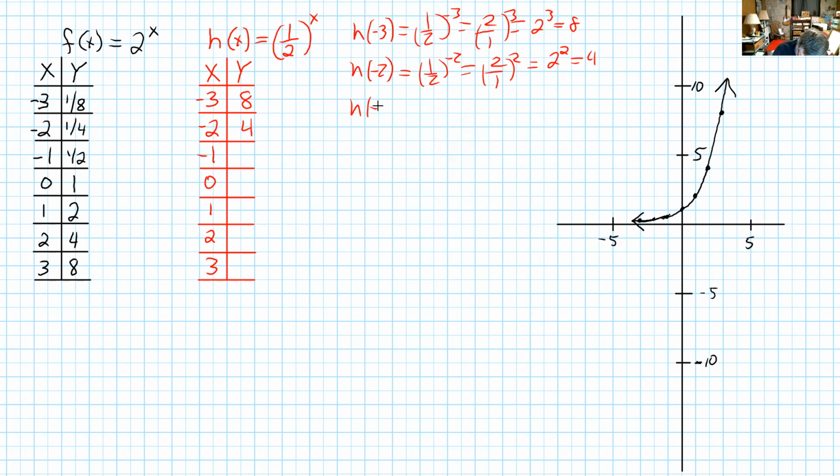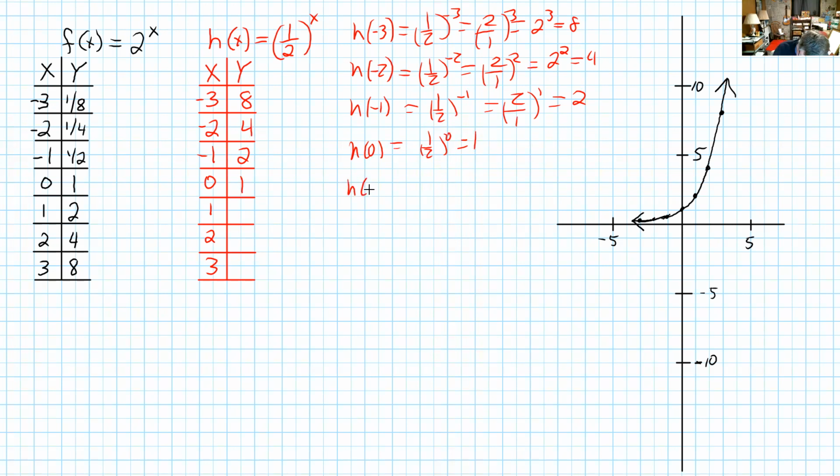When x is -1, h of -1 is 1/2 to the -1 power, which is 2 over 1 to the 1 power, which is 2. When x is 0, h of 0 is 1/2 to the 0 power, which is 1.